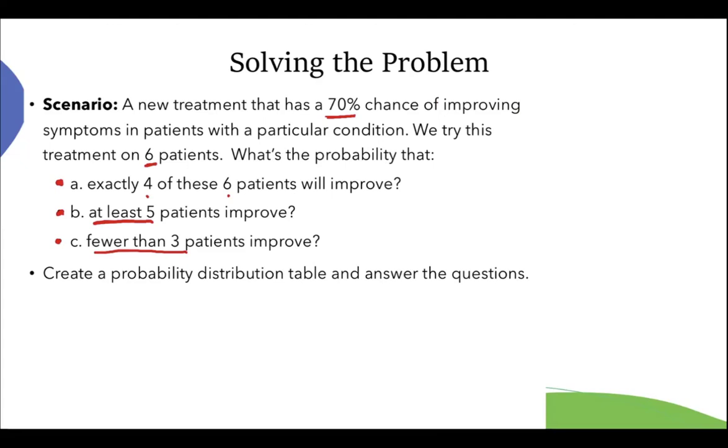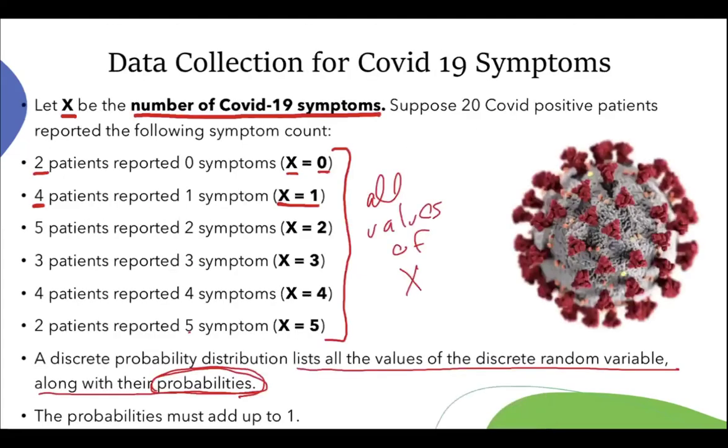The reason why is because we're not working with raw data here. We're not working with the same kind of raw data that we were in this question. We were provided with raw values, how many patients had a particular number of symptoms.